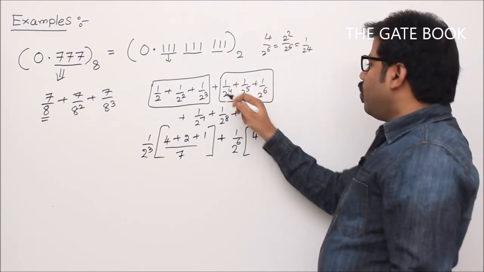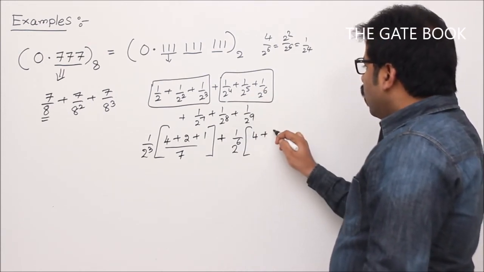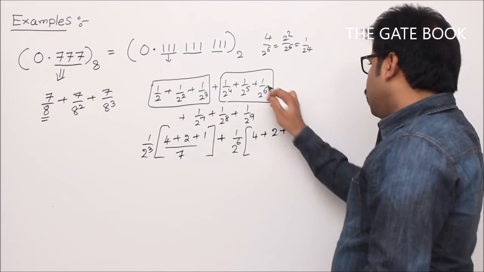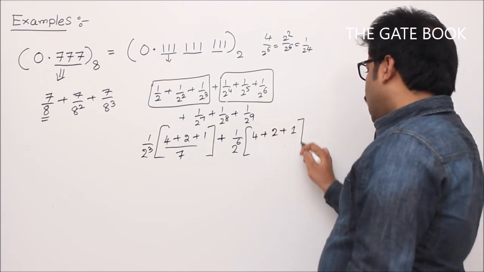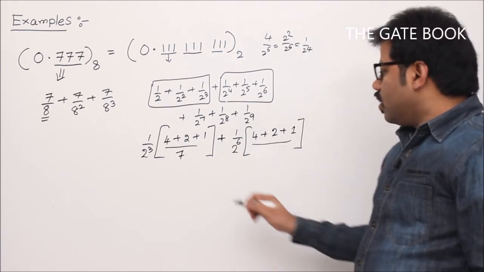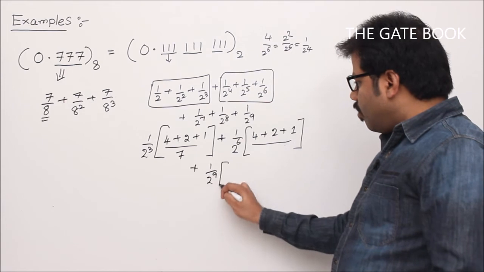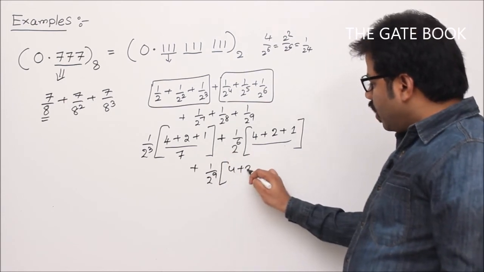So that's why 1 by 2 power 4 is nothing but 4 by 2 power 6, plus this would be 2 by 2 power 6 plus this would be 1 by 2 power 6 as it is. So again you have 4 plus 2 plus 1, right? So next time if I take 1 by 2 to the power of 9 common here, you get here again 4 plus 2 plus 1.